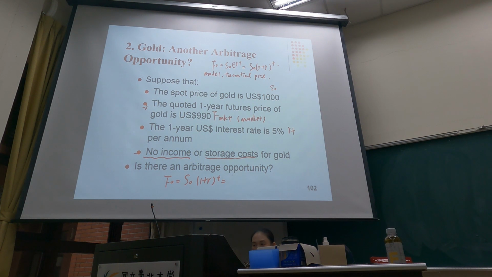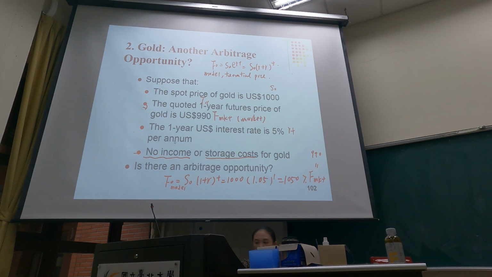Your model price will equal 1,000 times 1.05 to the power of T, and T equals 1, it's 1 year. Okay, it's 1050. 1050 is your model price, and it is higher than F market, because your F market is 990, right?